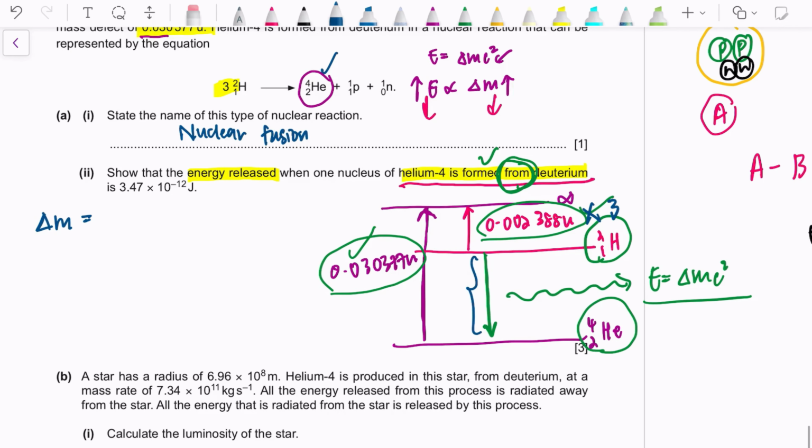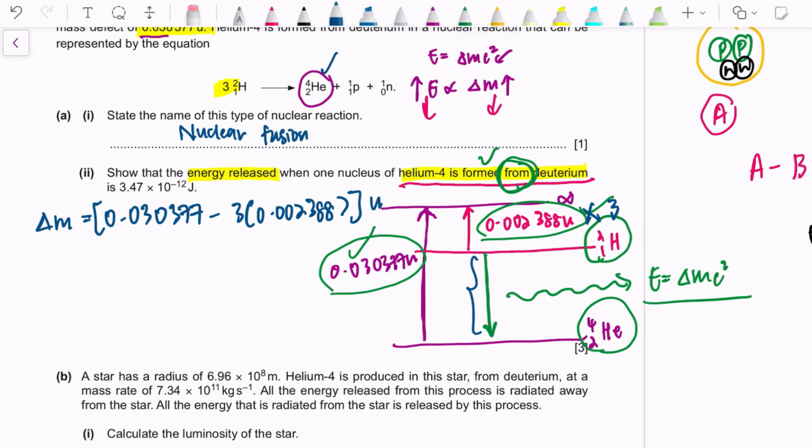That would be 0.030377 minus 3 times 0.002388. U is your atomic mass unit.